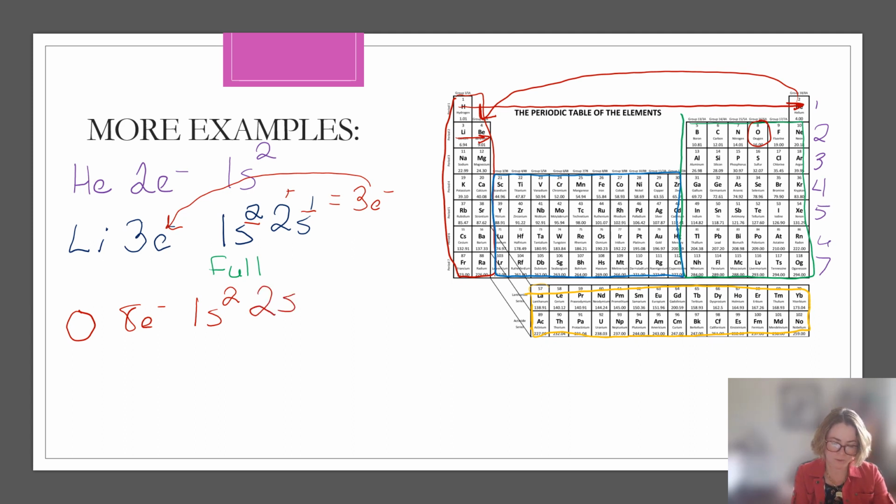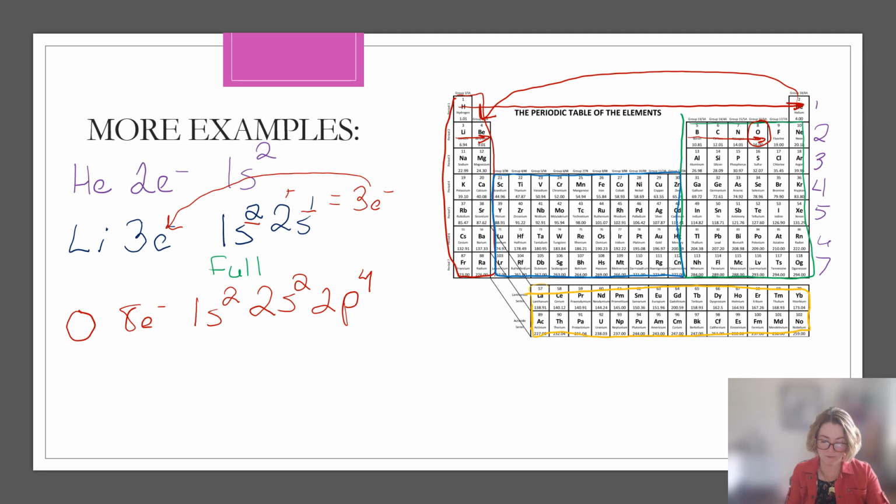So I've completely filled up the s block, that is 2s2. And now I am 4 spaces into the p block, still in energy level 2. And so that gives me 2p4. So my complete configuration for oxygen is 1s2, 2s2, 2p4.